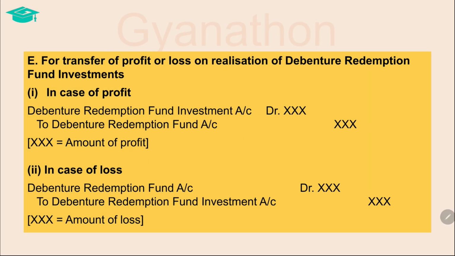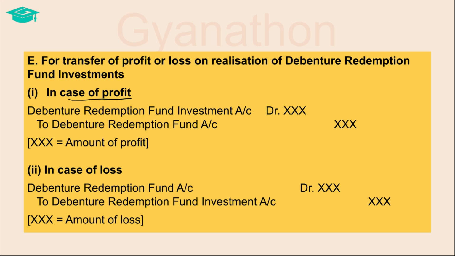Once the investments made are encashed, the company has to ascertain if there has been a profit or a loss on such investments. Such profits earned or losses suffered have to be transferred to the debenture redemption fund account. If the company has earned a profit on the investments made, that means that there is a credit balance in the debenture redemption fund investment account.